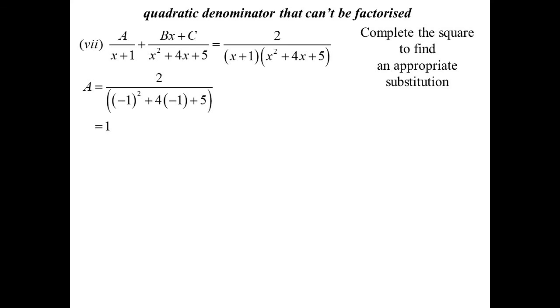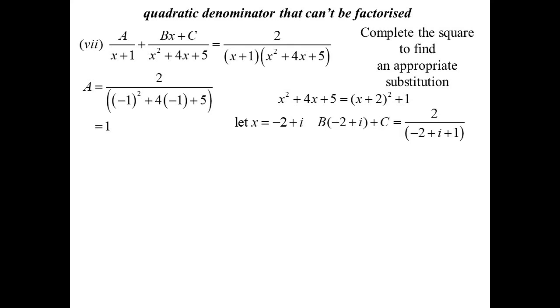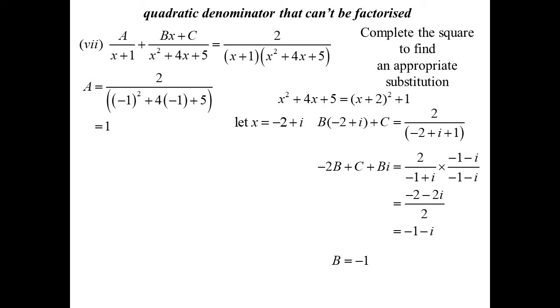Well, if I complete the square, I'll work out that I substitute in -2 plus i. So if I now substitute in -2 plus i, I get B times (-2 plus i) plus C is 2, or -2 plus i plus 1. We're getting a little bit of working out there. B's -1 and C is -3.